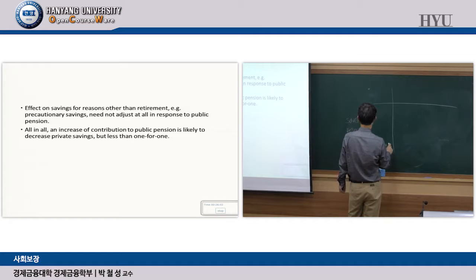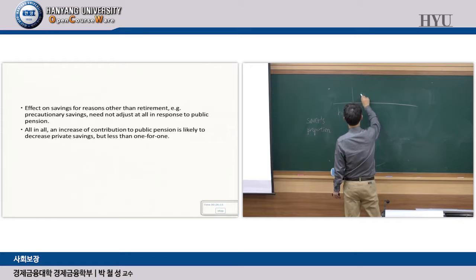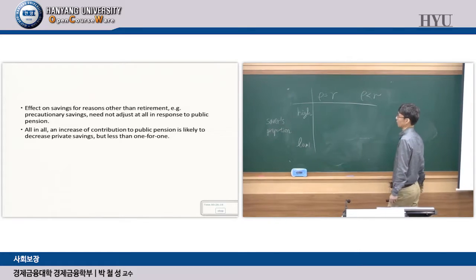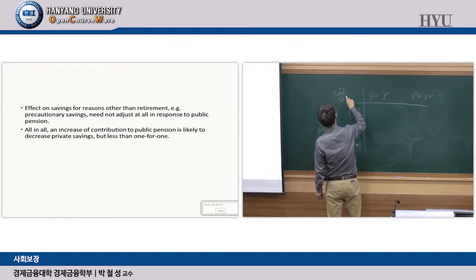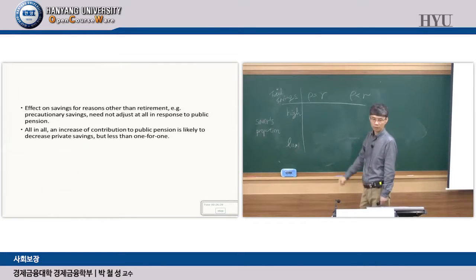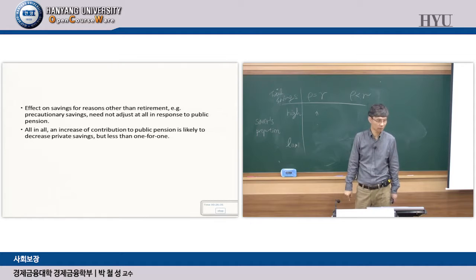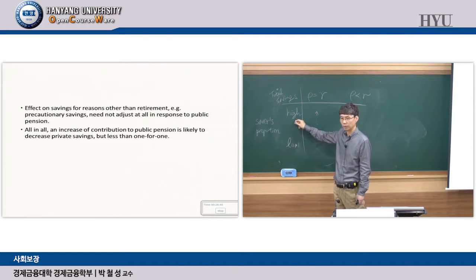So if the savers proportion is high and rho equals R, then total savings will increase a little bit, because most people will just save less.